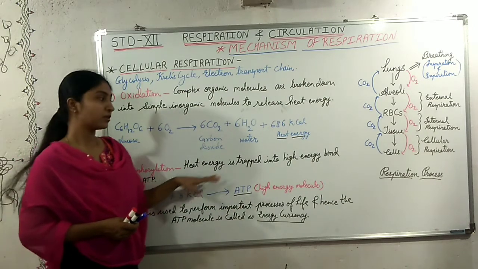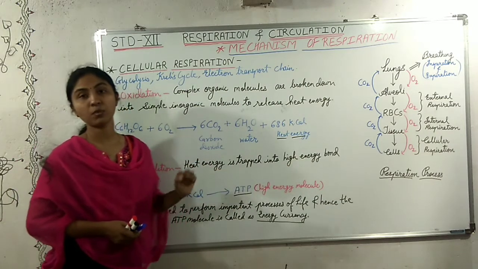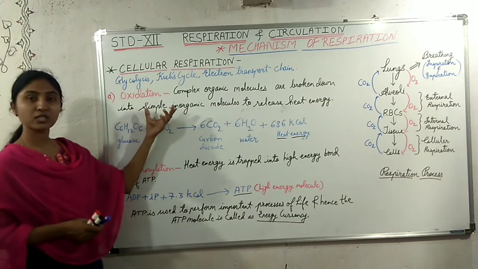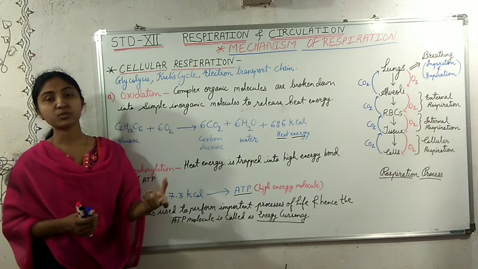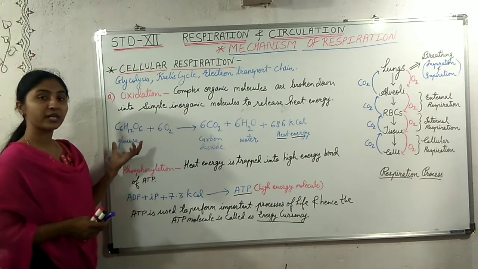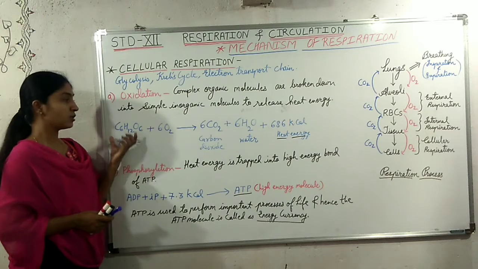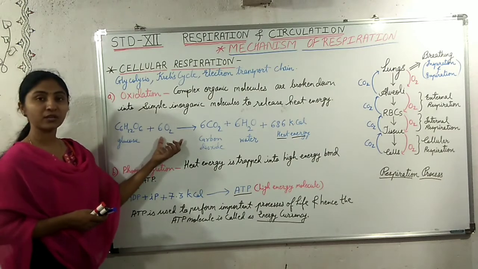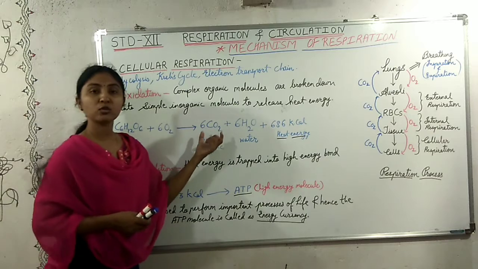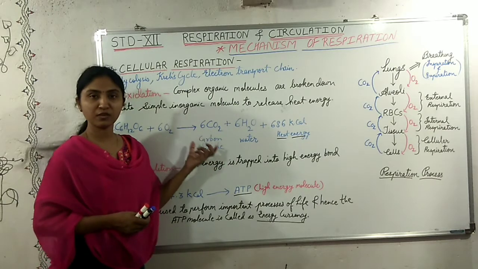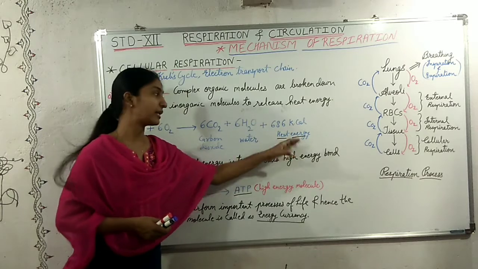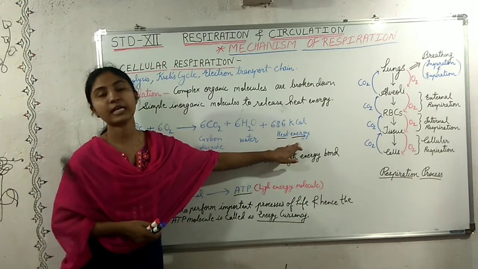Our respiratory substrate here is glucose. This glucose is combined with oxygen, or oxidation occurs over here, and 6 molecules of carbon dioxide and 6 molecules of water are given out, along with 686 kilocalories of heat energy.